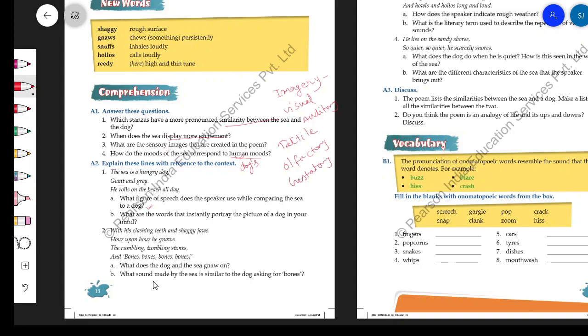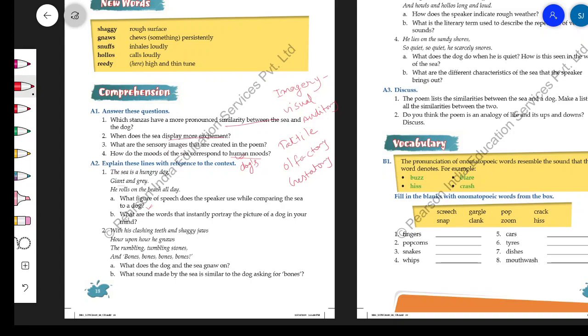What sound made by the sea is similar to the dog asking for bones? Well, you can say that when water falls on the stones on the shore, it makes a sound that is similar to a dog asking for bones.